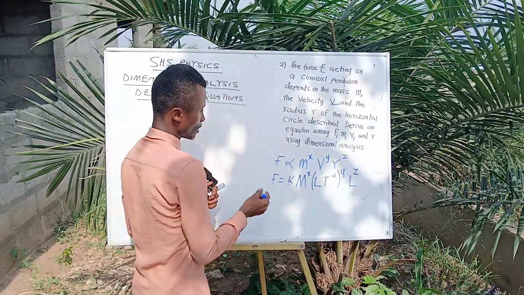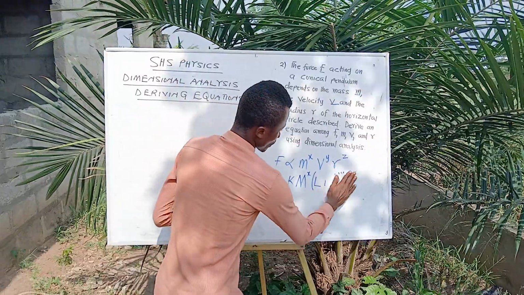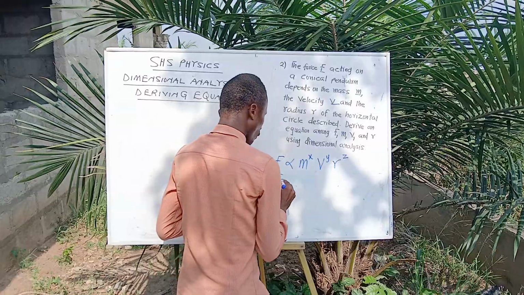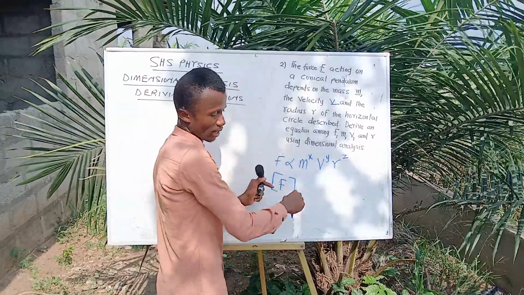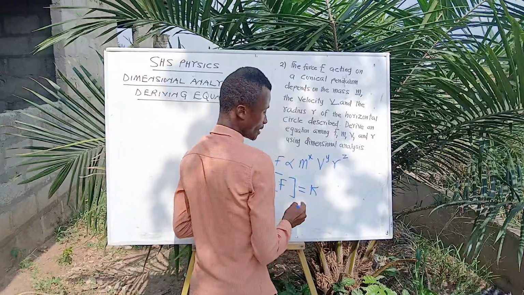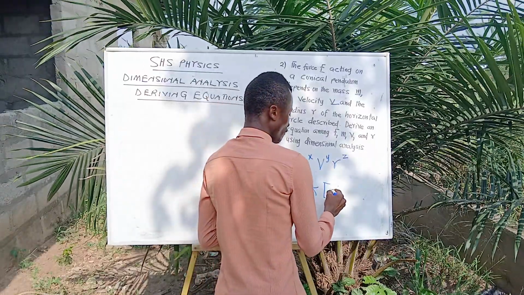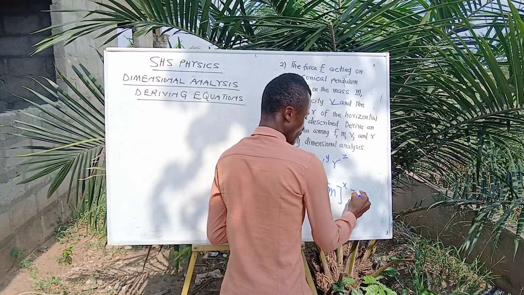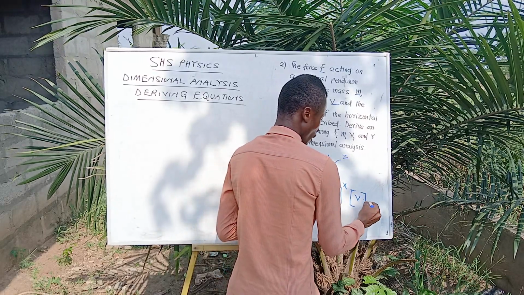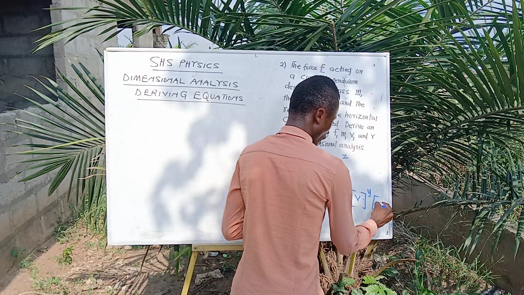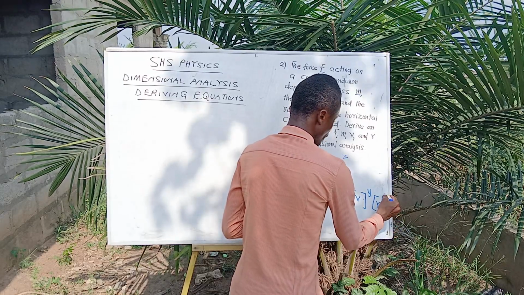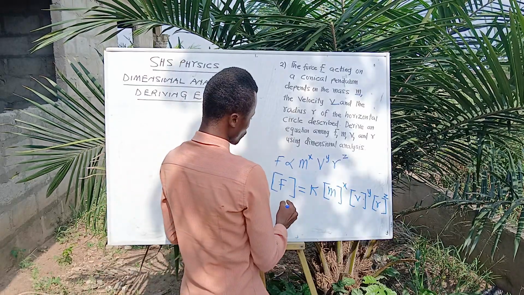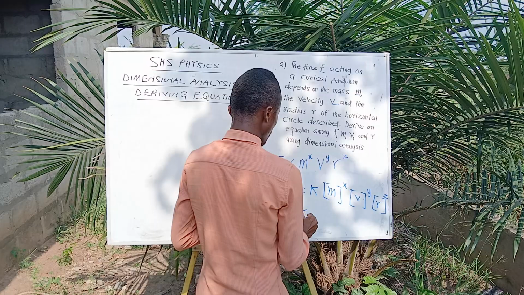Before this, you can choose to write this: the dimension of force, represented by this square bracket, is equal to a proportionality constant times the dimension of the mass, m, to the power x, times the dimension of v to the power y, times the dimension of r to the power z. This is what I skipped. I just wrote F is equal to K.